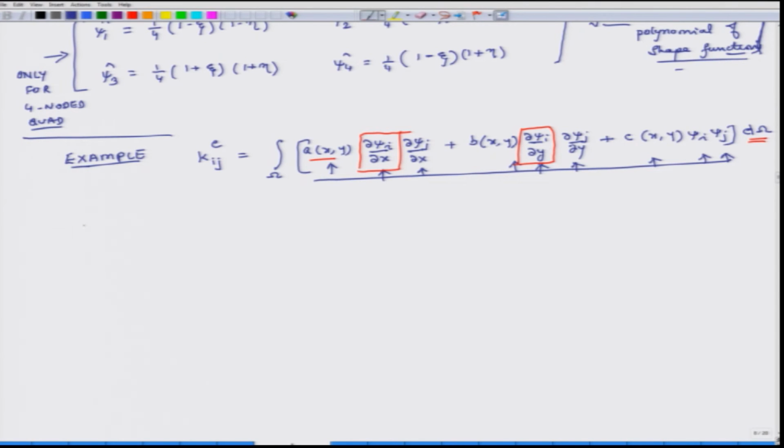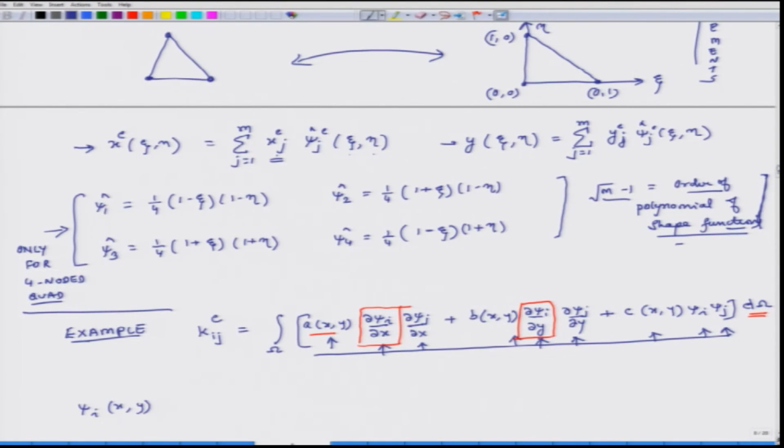So, we know that psi is a function of x and y. Now, what is psi in this case? This is not psi hat. It represents the approximation function associated with u. Psi hat represents the approximation or shape function associated with this transformation.